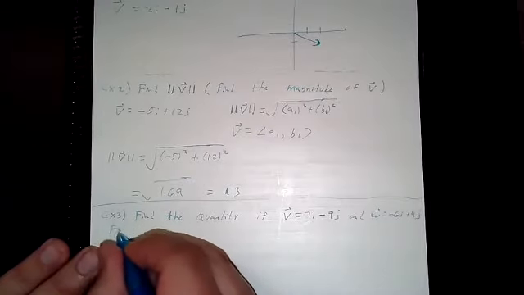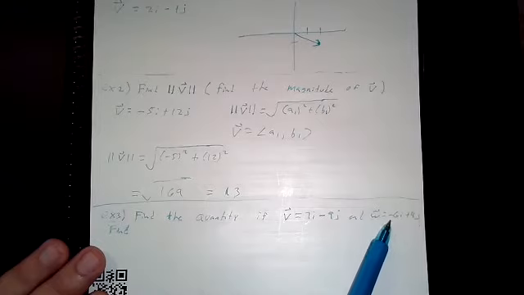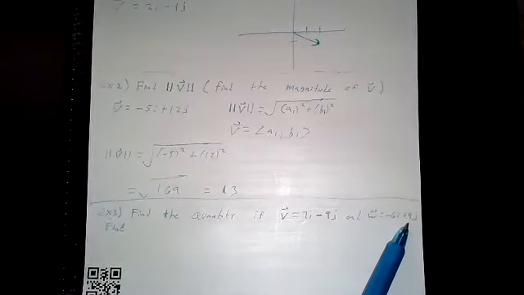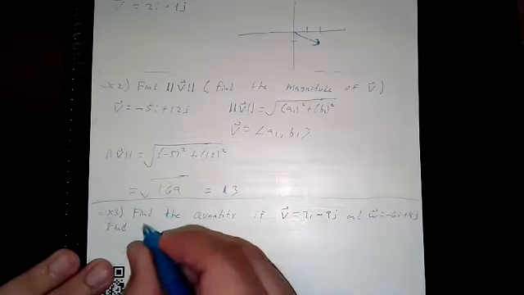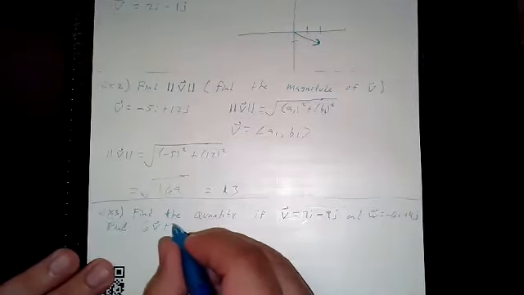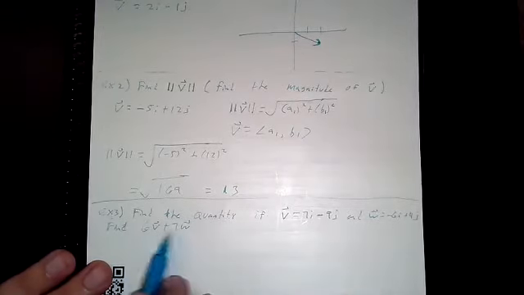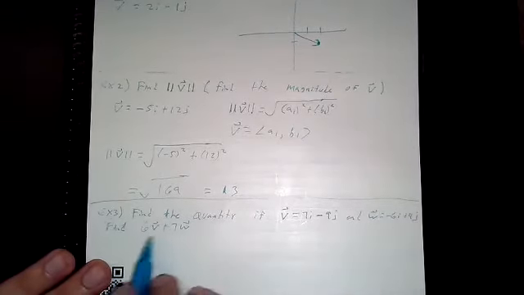They're going to just have you find 6v plus 7w. So just scale the vectors by 6 and 7 and add them together.